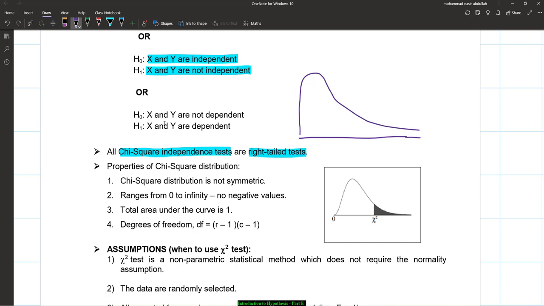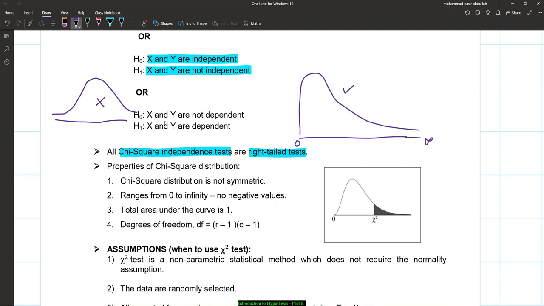In the previous lecture, we looked at the t-test and z-test, which both use the normal distribution, but in chi-squared, we are using a right-skewed distribution. This is a right-tail test, starting from 0 until infinity.